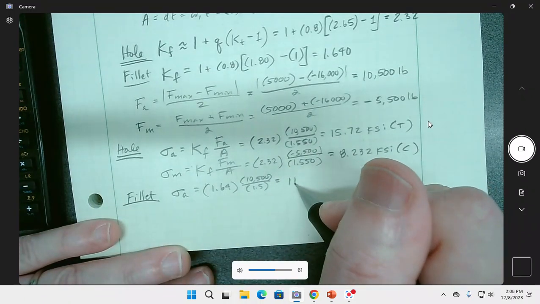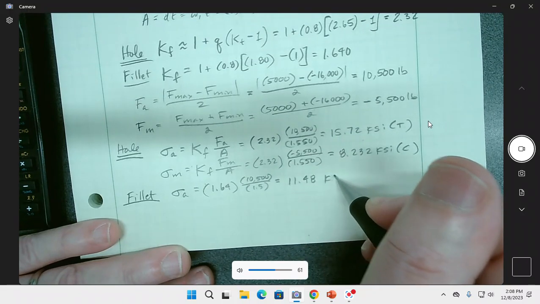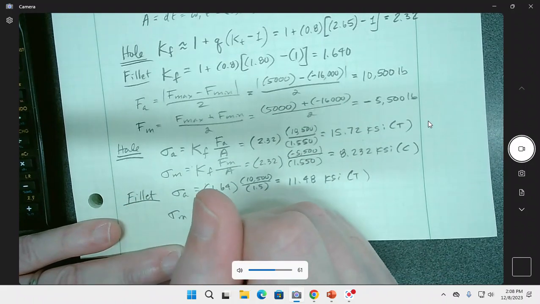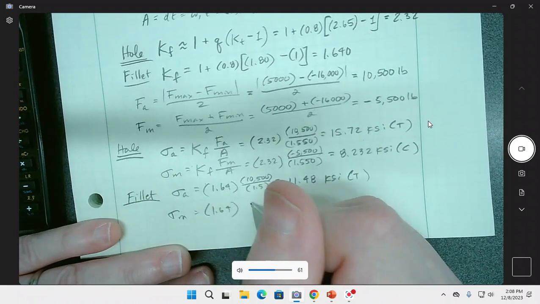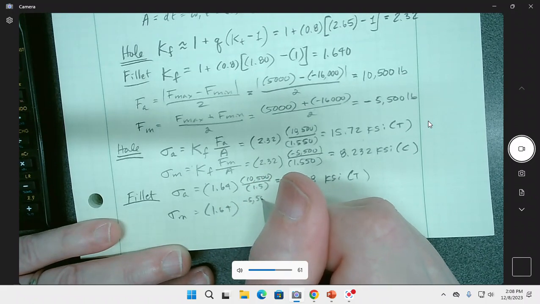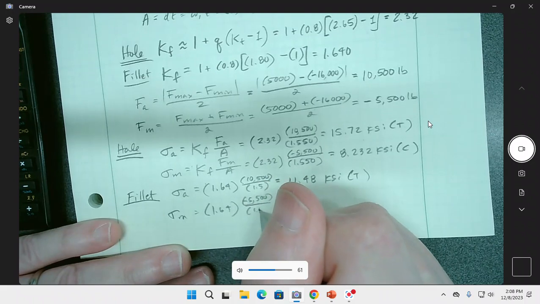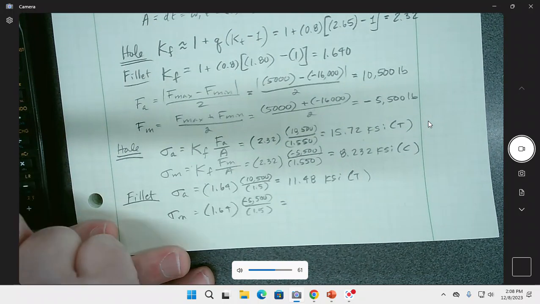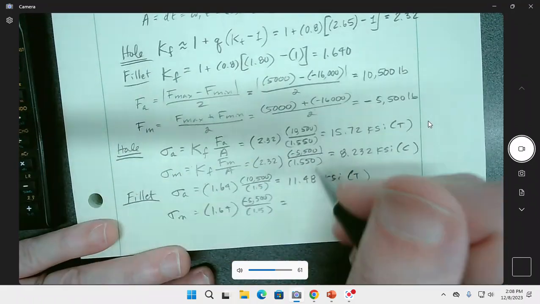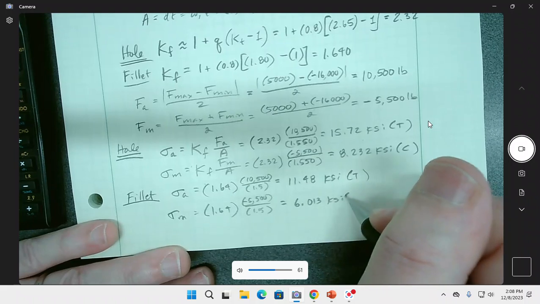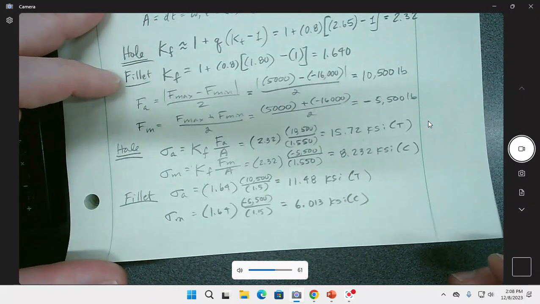So 11.48 ksi tension, and mid-range 1.64 times negative 5.5 over 1.5, so you get about 6.013 ksi compression.